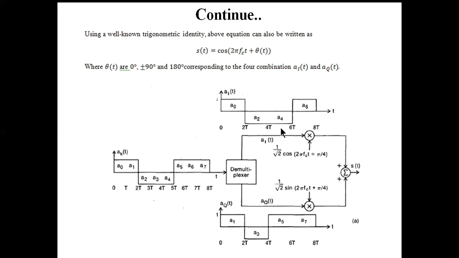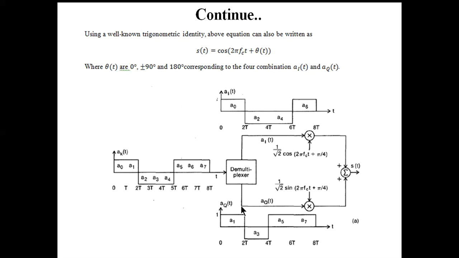Similarly, from 4T to 6T, A4 will remain at -1, and from 6T to 8T, A6 will remain +1. So you can see that the symbol duration is 2T.